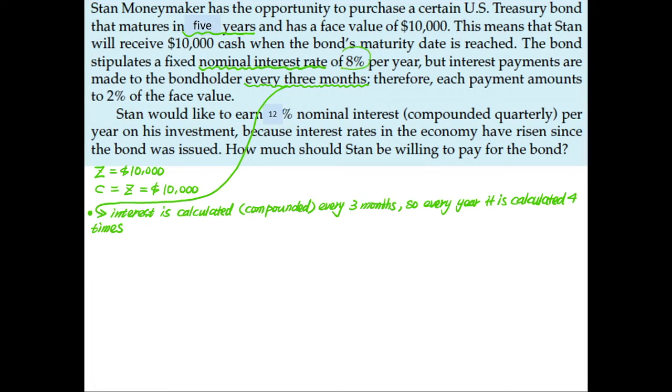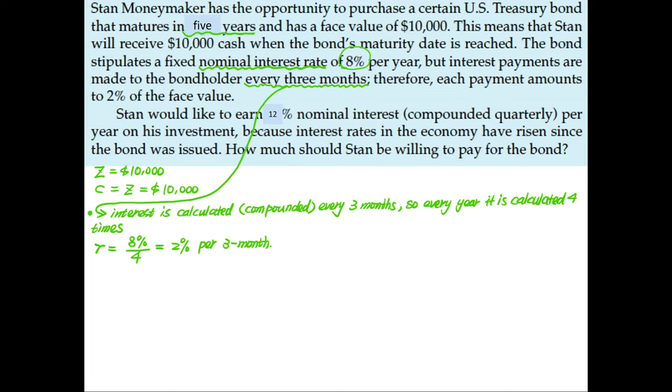So this 8% interest rate the issuer will pay you is the nominal rate, and your real bond rate, R, the interest you get back from that issuer, is actually 8% over what? Over 4, because every year is compounded 4 times. So the bond rate is 2% per 3 months, or per quarter.